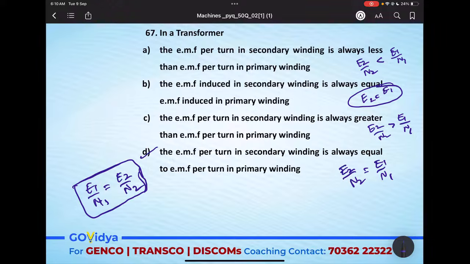But EMF per turn in primary is equal to the EMF per turn in secondary. How we got this? From transformation ratio only. K is equal to E2 by E1 equal to N2 by N1. From this we can write E2 by N2 equal to E1 by N1. Is it clear? Let's move on to the next question.